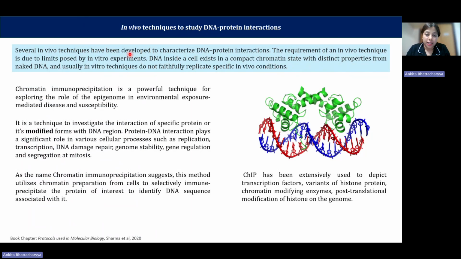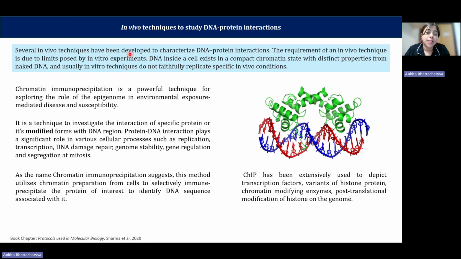And the question arises, as I've already discussed with you, that the requirement of an in vivo technique much largely is contributed by the fact that there are limits to in vitro experiments. That is because within the cell, the way DNA exists and the way the protein exists, they are not similar to what you would expect if you add these two inanimate objects into a tube at the same time.